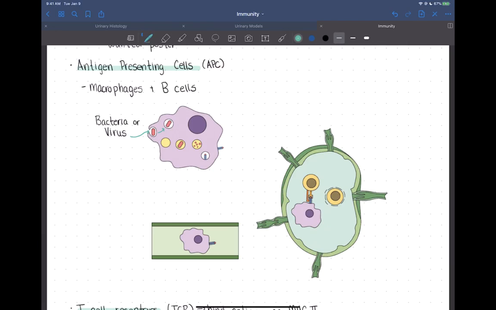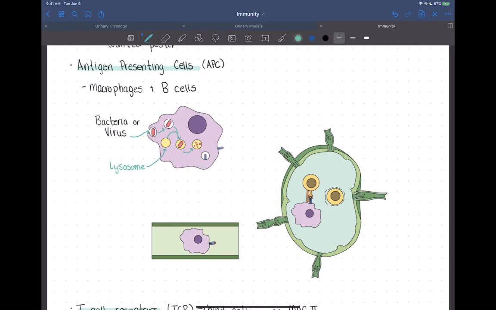And then what the cell is going to do is it's going to merge that vesicle with the lysosome. All right, hopefully you remember the function of a lysosome is to digest things within the cell. And so then this plus the lysosome, all right, so now we have that cell, that bacteria, or the virus with all of those digestive enzymes of the lysosome, and that's going to break down that pathogen into a bunch of little pieces.